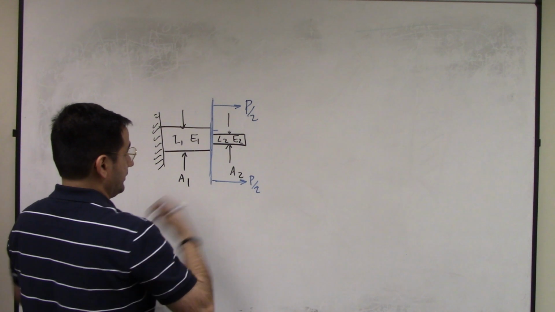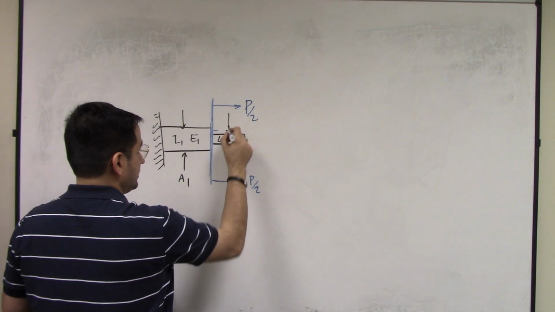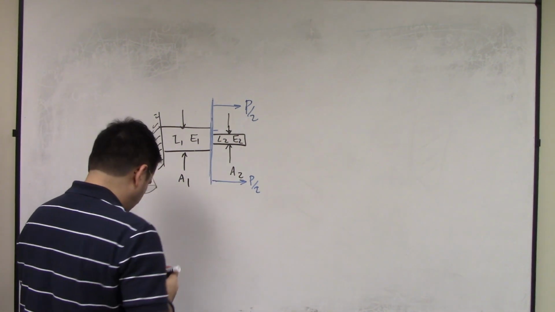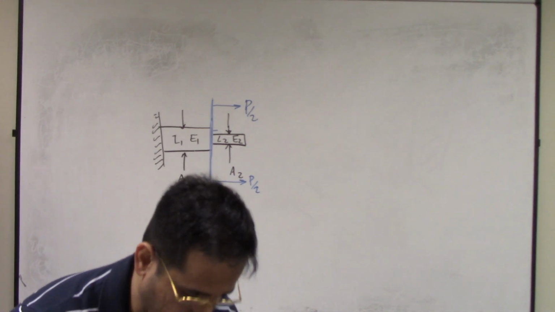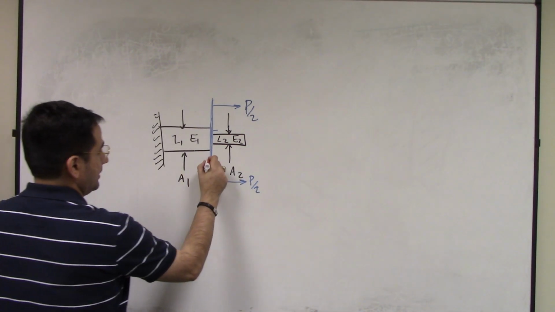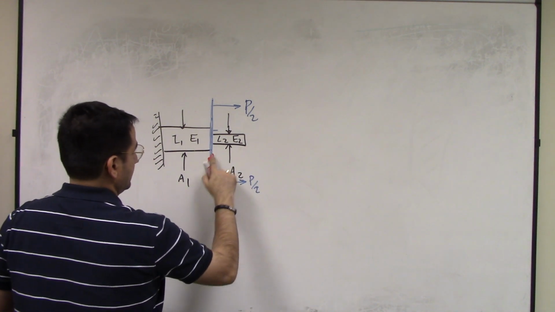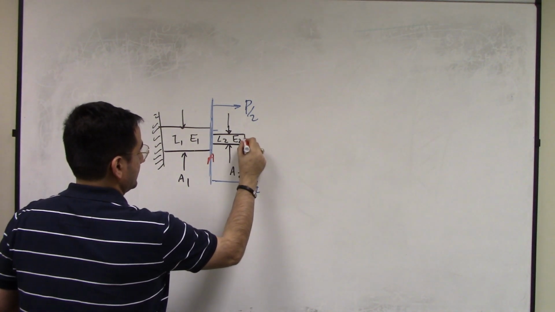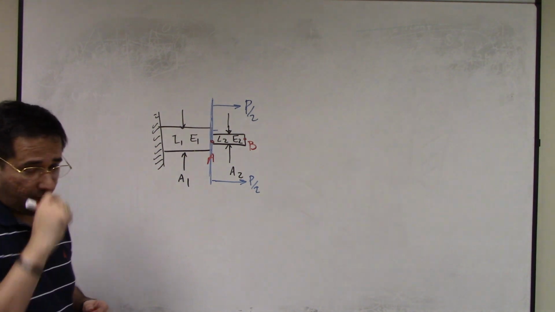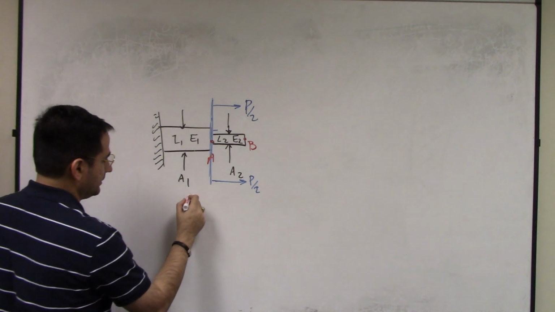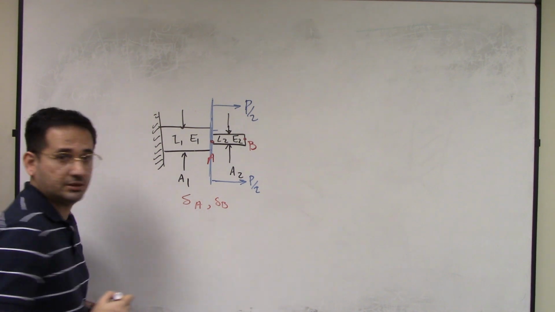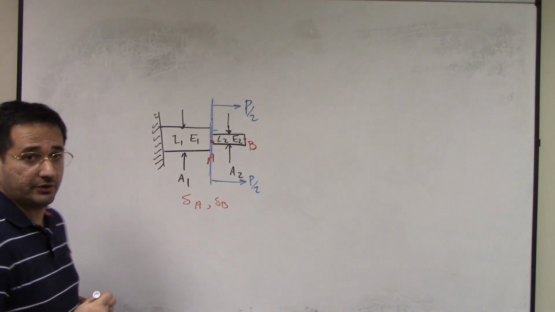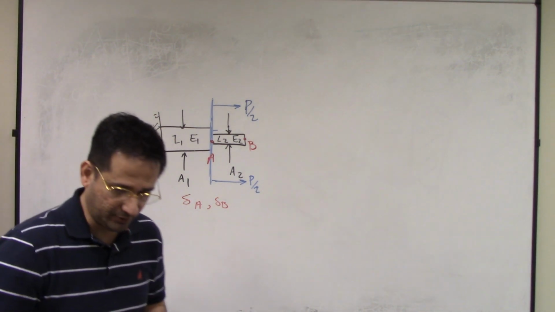Now we want to find deformation at different points. So for example, if this is A and B, these 2 points here, we want to find delta A, delta B. And we want to solve this using Castigliano theorem, right?